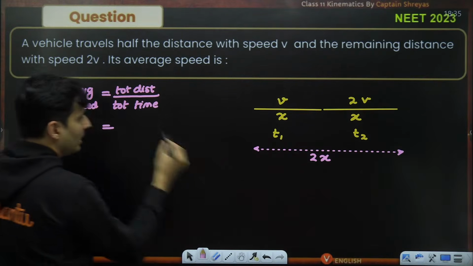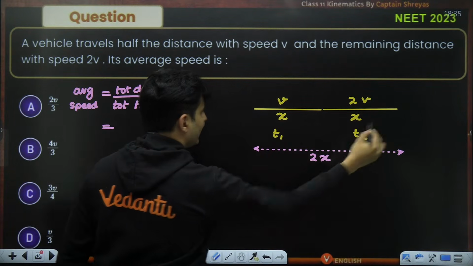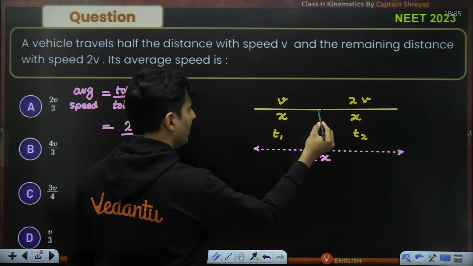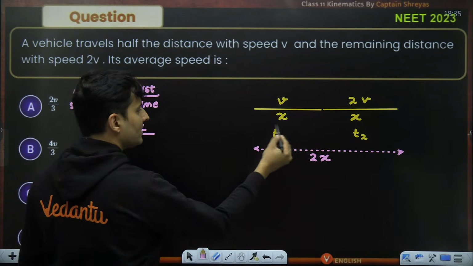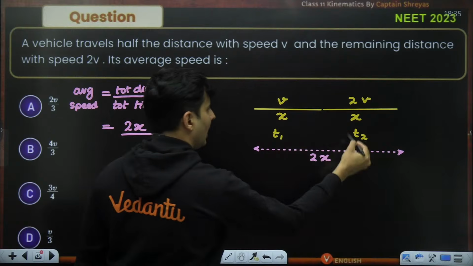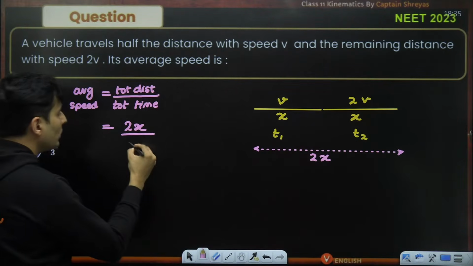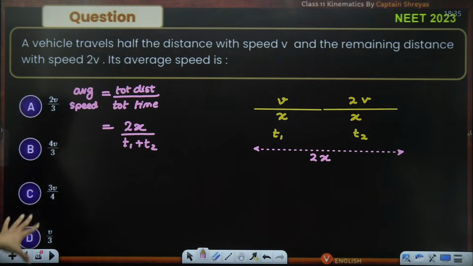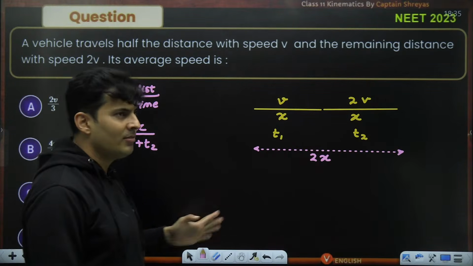Now, what is the total distance? This x and this x, which is nothing but 2x, and the total time is t1 plus t2. But this is not even there in the options. So am I missing something?